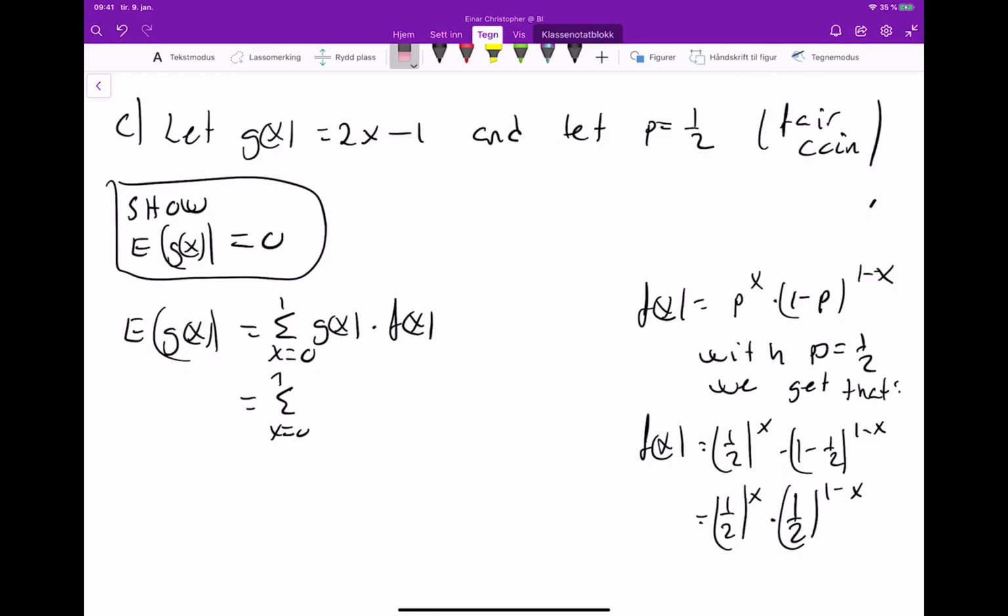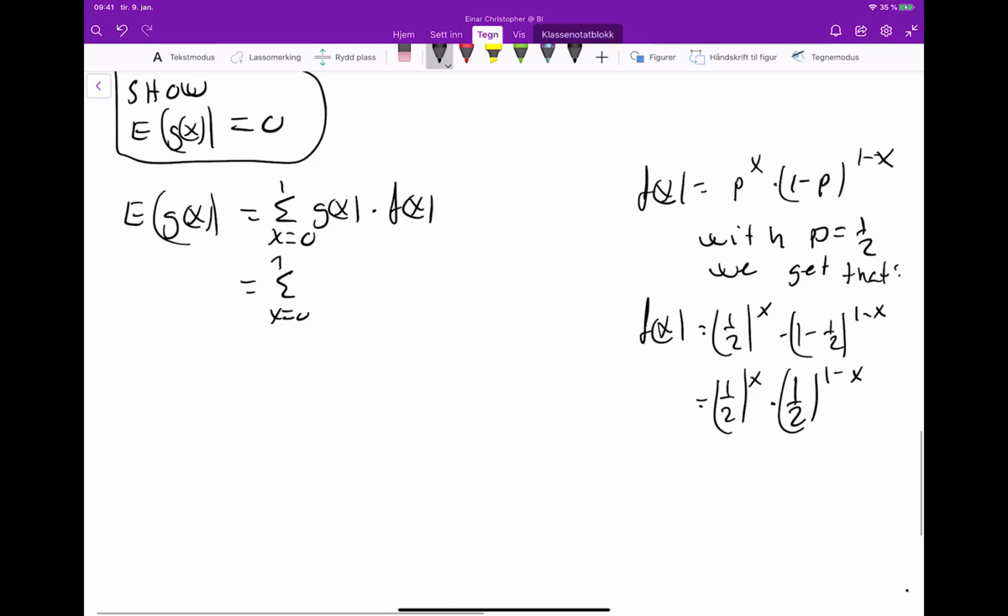And since we have the same base here, we can write this as 1/2 to the x plus 1 minus x. And this is nothing else but 1/2 to the 1, which is 1/2.